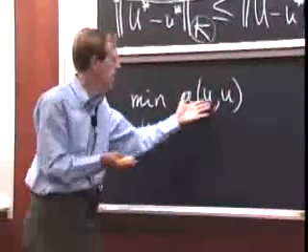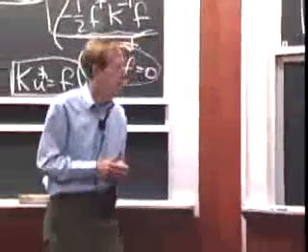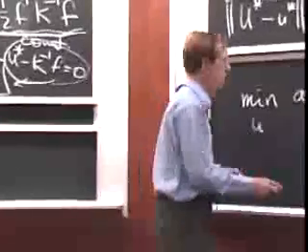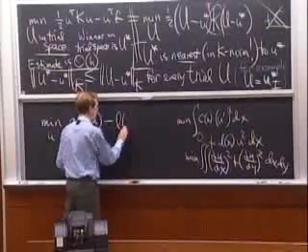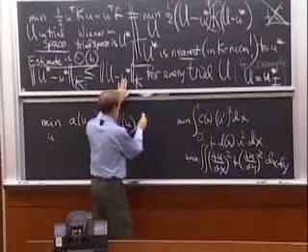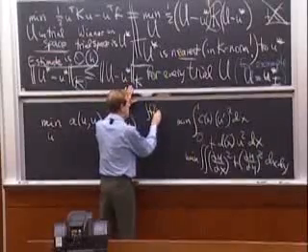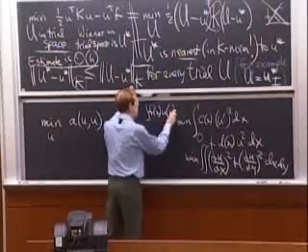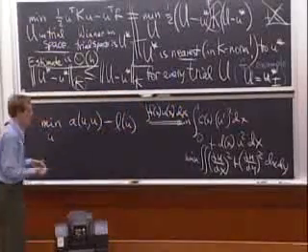It somehow suggests to us it's quadratic. And then there's a linear term, and that's often written L of U. So I better put down what L of U typically is. This L of U might be the integral of f of x, u of x dx. That would be the linear term.